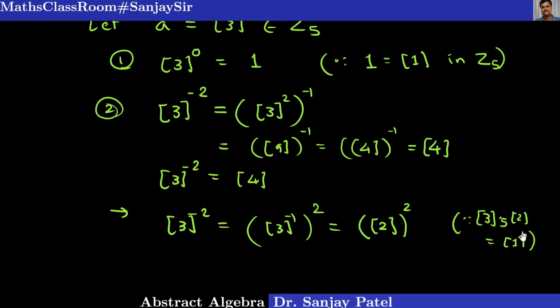So the multiplicative inverse of 3 is 2. And class 2 squared is 4. So we are getting the same value whether we compute it this way or using the other method.